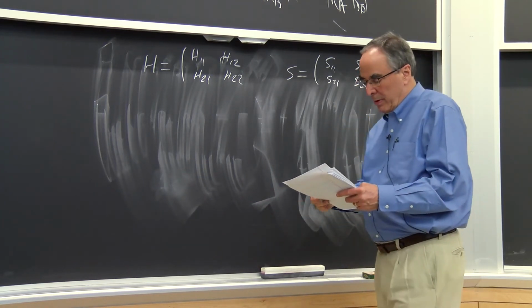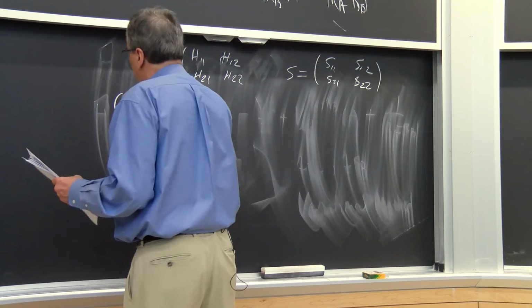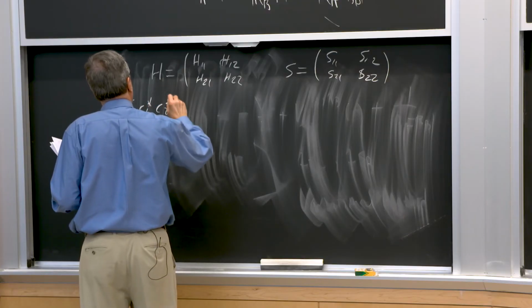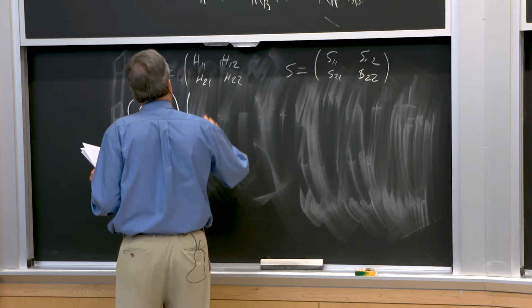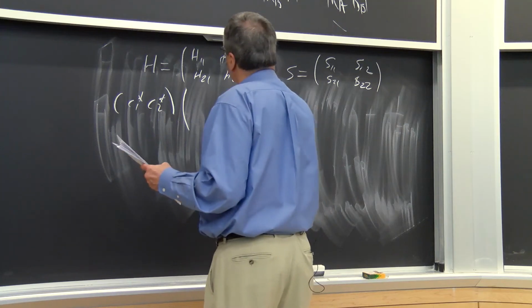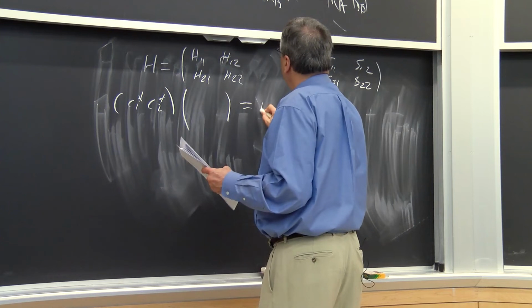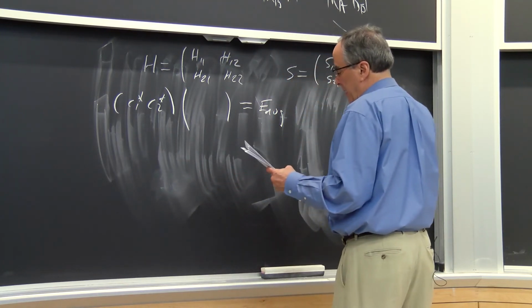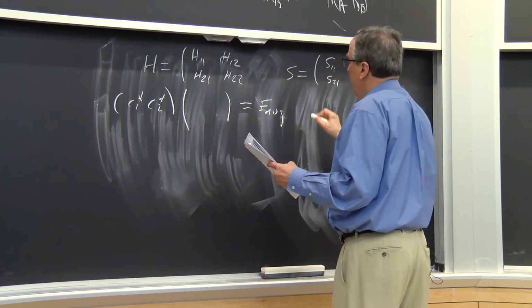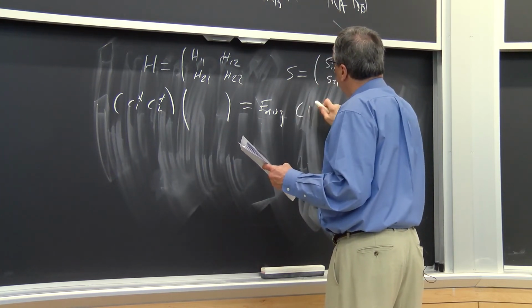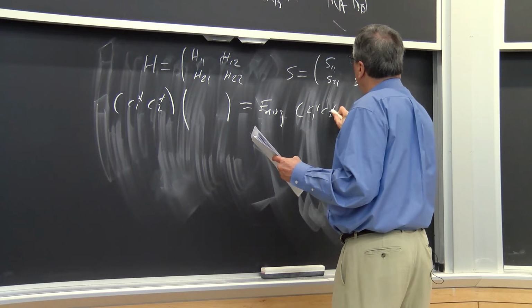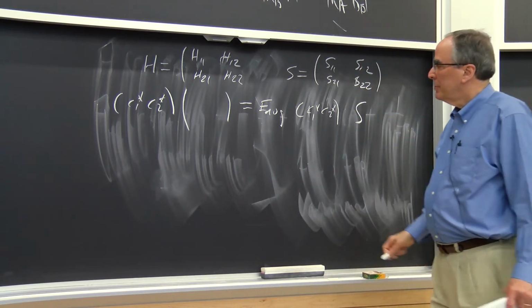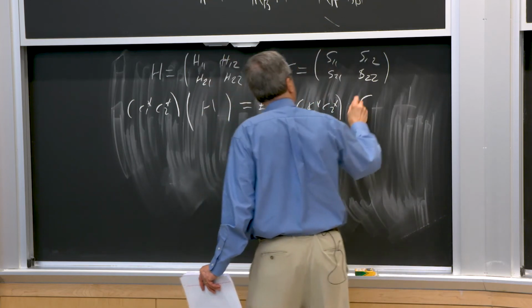So we have an equation, C1 star, C2 star, times the H matrix is equal to E average times C1 star, C2 star times the S matrix. So this is the H matrix and this is the S matrix.